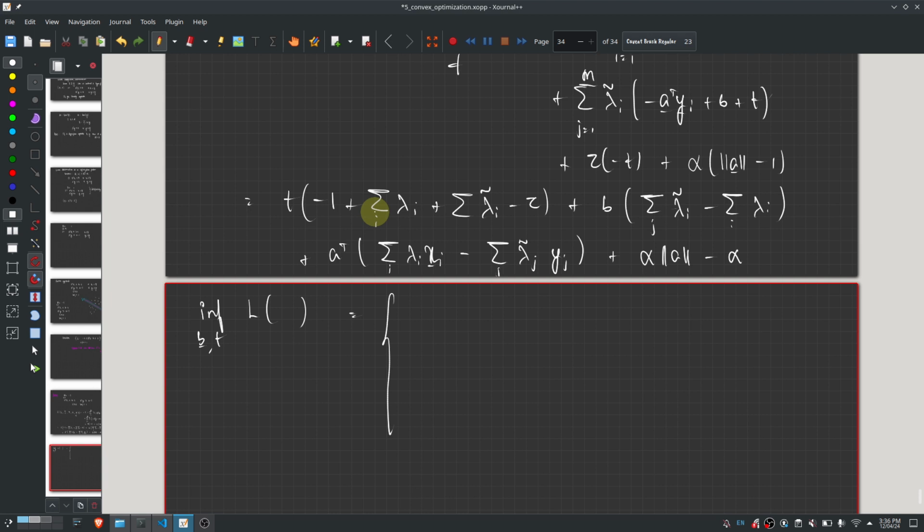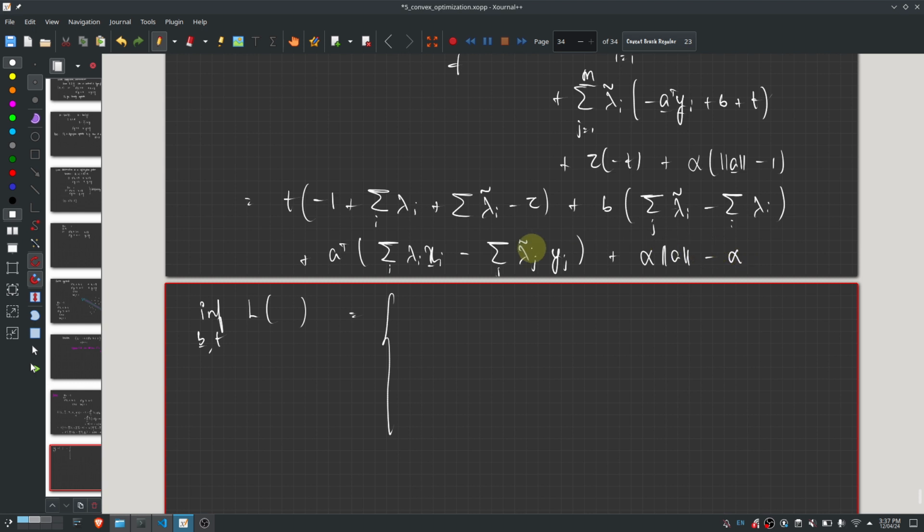Zero. When is this minimum finite? When this is equal to 0 and this is equal to 0. Correct? Okay, that's good.